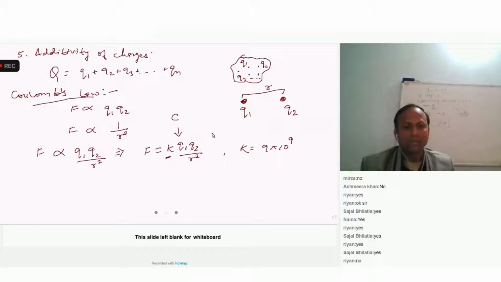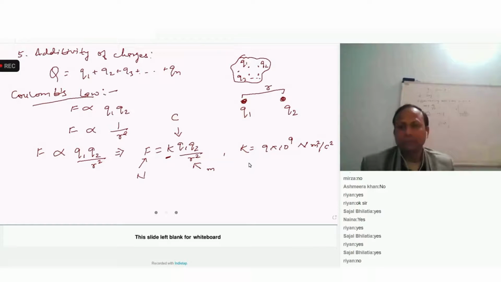And what is the SI unit of force? It is Newton. SI unit of distance is what? Meter. So when we substitute all these SI units, we will obtain that the SI unit of k will be Newton meter squared upon Coulomb squared. Alright. So this is basically the value of k.